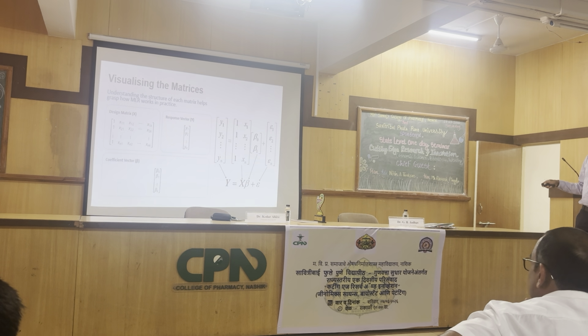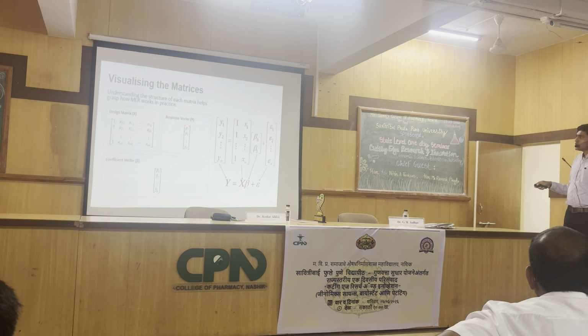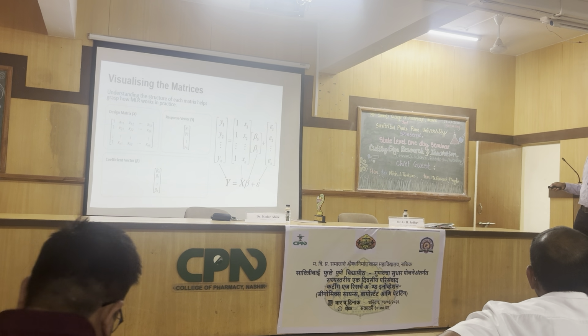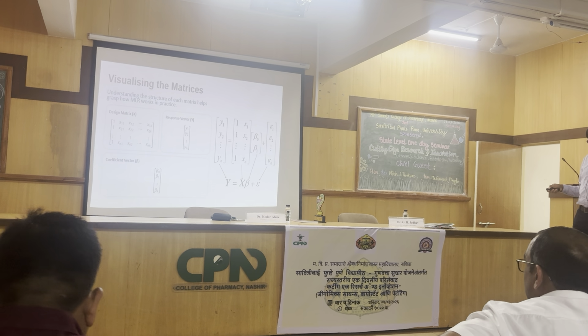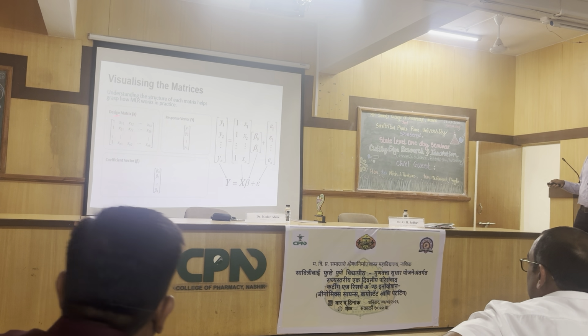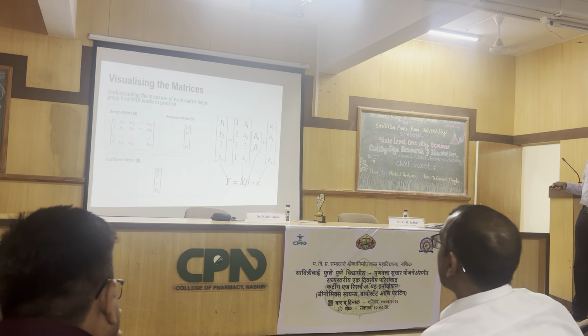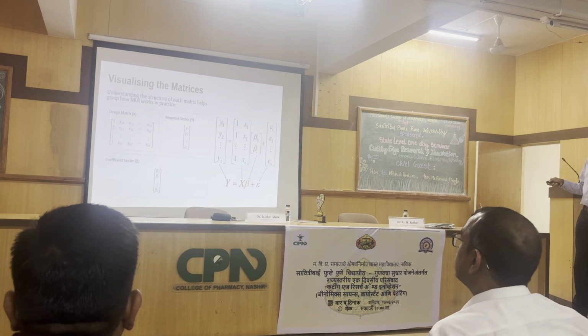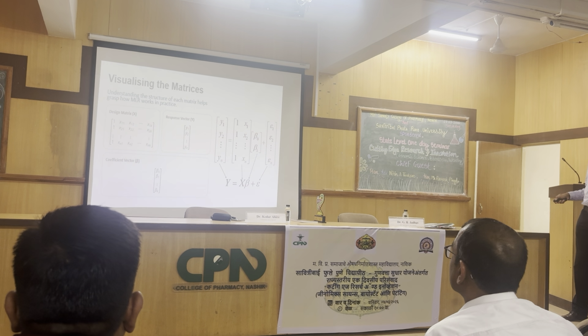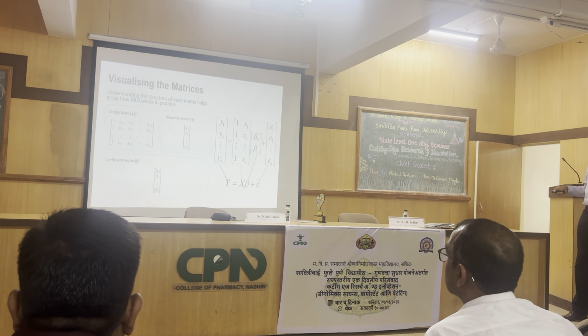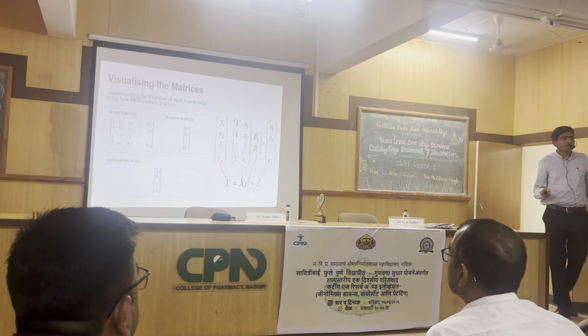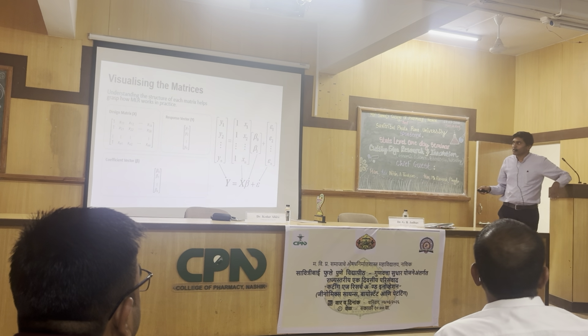Then this is the response variable matrix, a single column. So generally a matrix is denoted by rows into columns. Okay, so it is n rows into one column. So it is an n by one matrix, whereas the design matrix has multiple rows and multiple columns also. And the coefficient vector is also a matrix with one column.